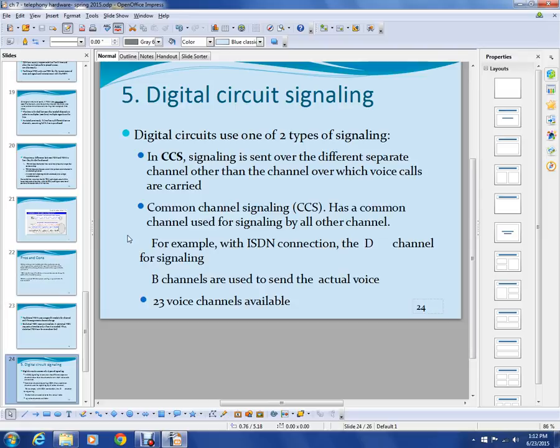Common channel signaling has a common channel used for signaling by all other channels. For example, with an ISDN connection, the D channel is for signaling, while the B channels are used to send the voice. So they use separate channels. So, for example, there are only 23 voice channels available for a T1 line.